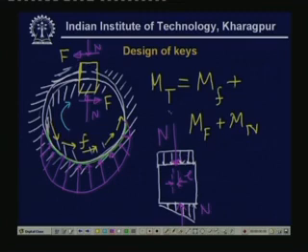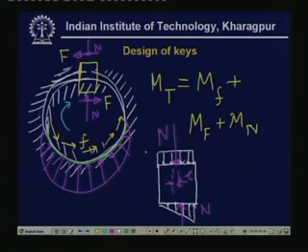All of them taken together will yield the MT. That is, MT is really not only due to the key, but also due to the friction force between two shafts. But while designing, we make the design very conservative and do not consider this torque, but in real analysis it should come that way.